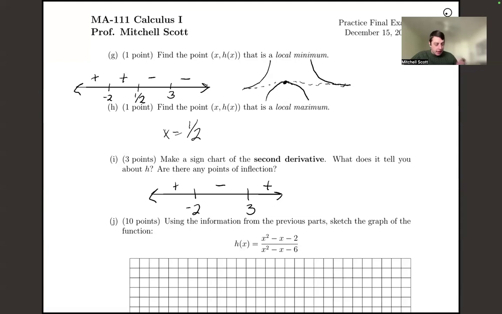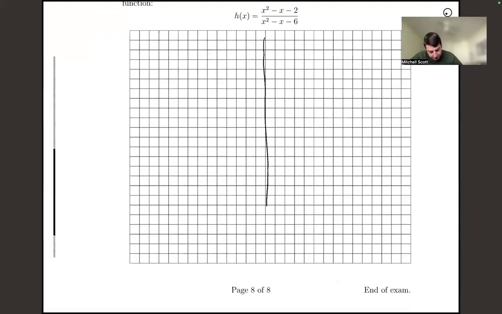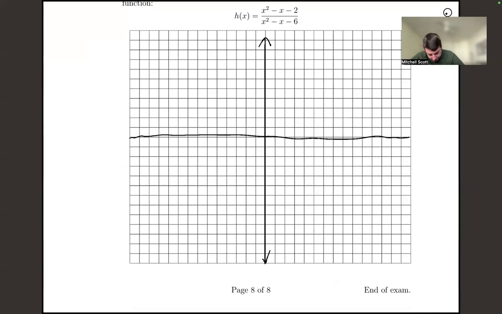Okay, so now let's combine all of this information into a graph and sketch it. So this is going to be -2. This is going to be 3. We know that it's not defined there.